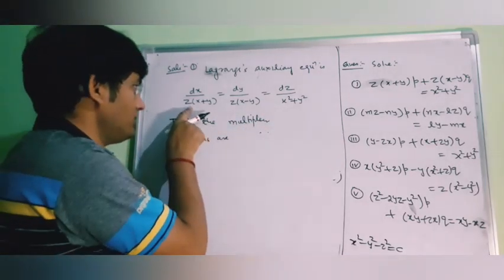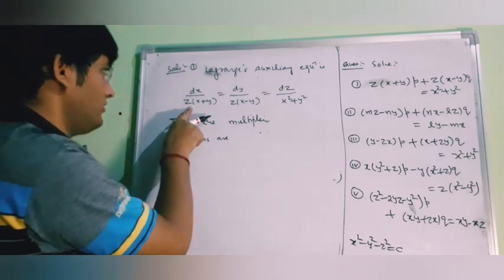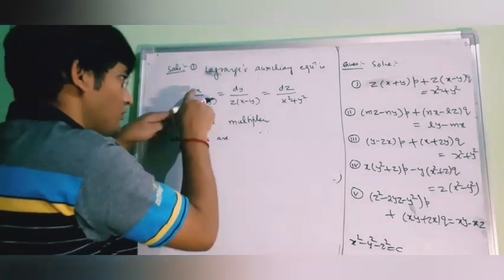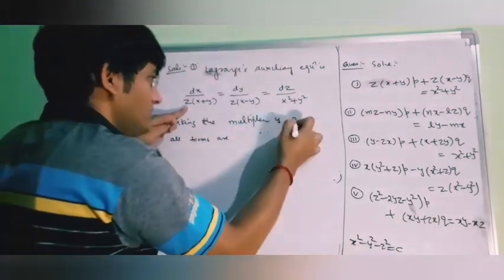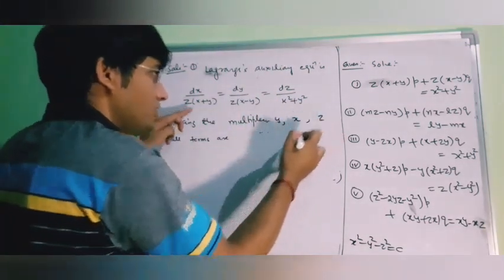Now suppose that we multiply this term by y, and this term by x, and then this term by z.